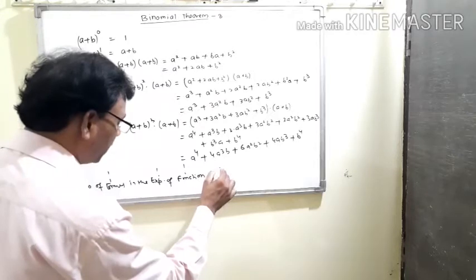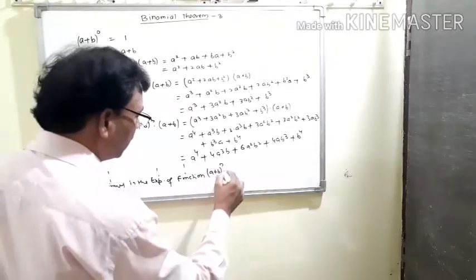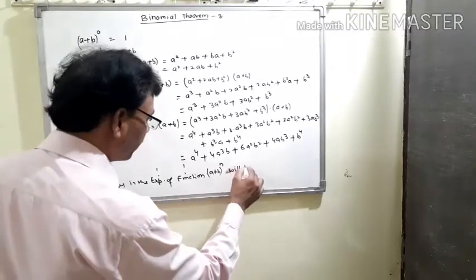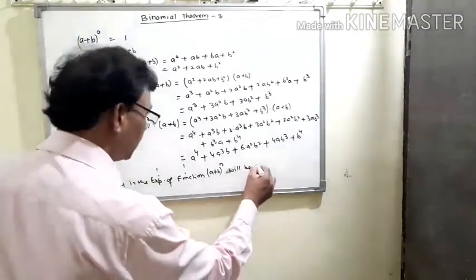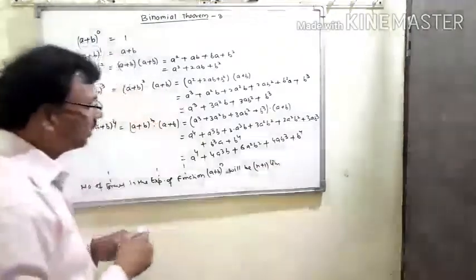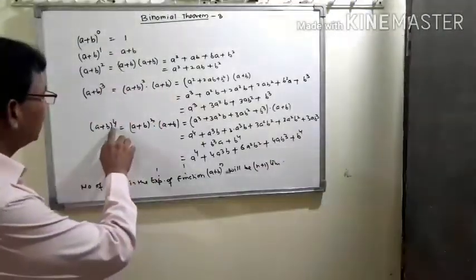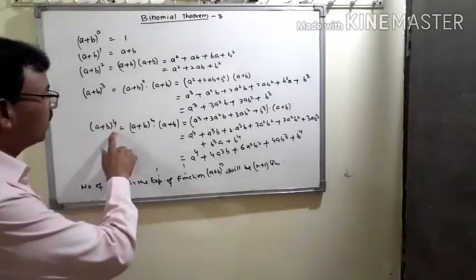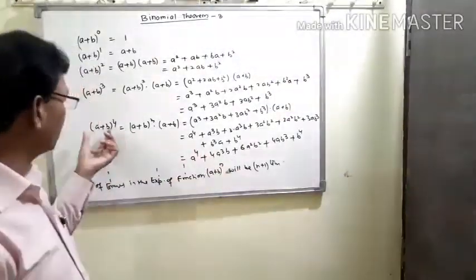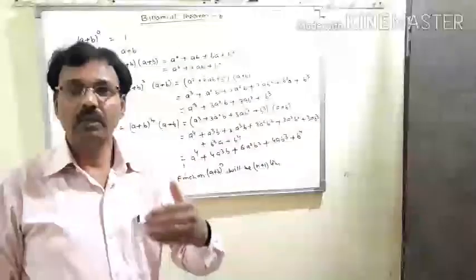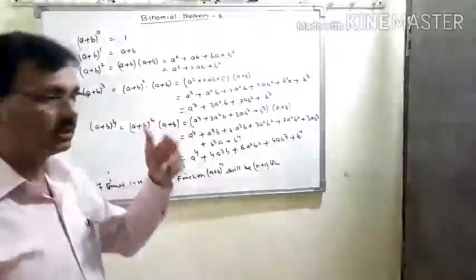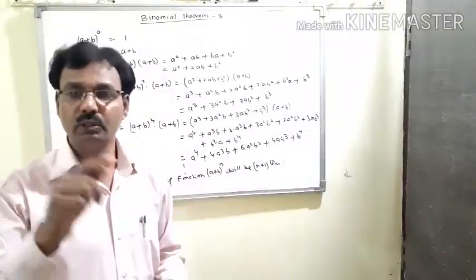(a plus b) to the power n will be n plus 1 terms. That means whatever the power is, the number of terms in the expansion of that function will be 1 more than the power. If the power is 0, then the number of terms is 0 plus 1.